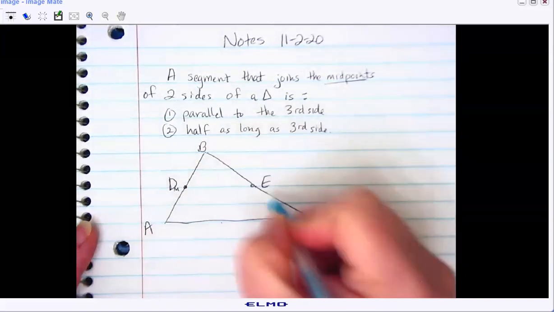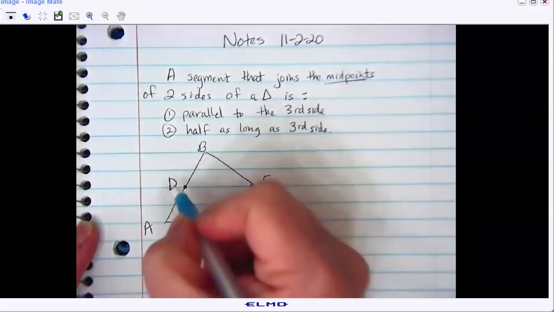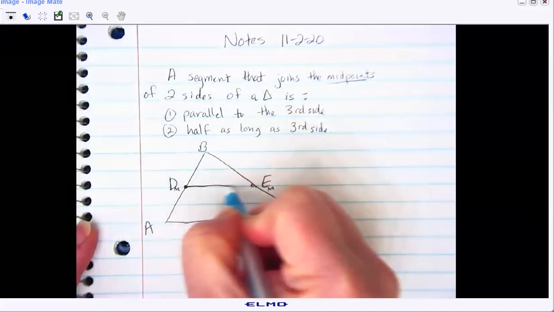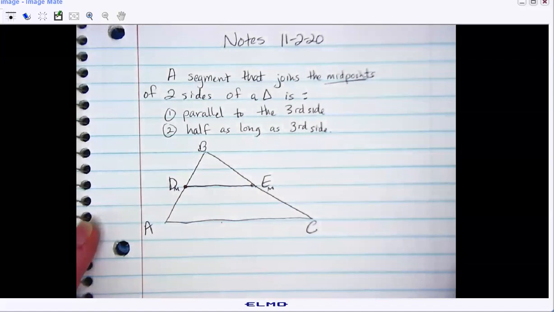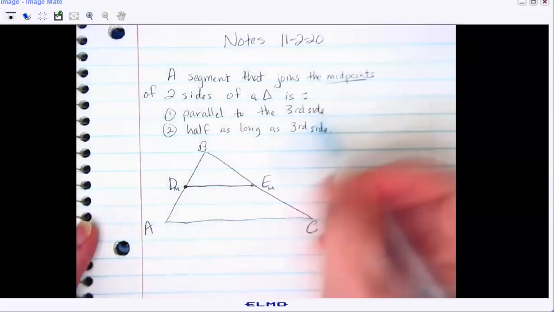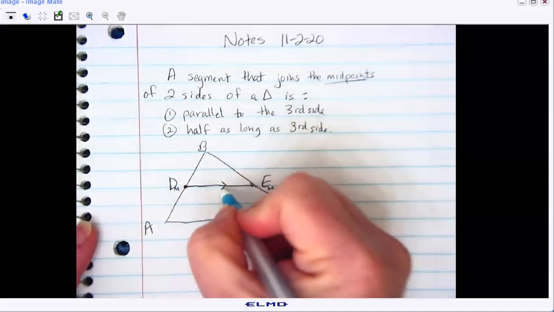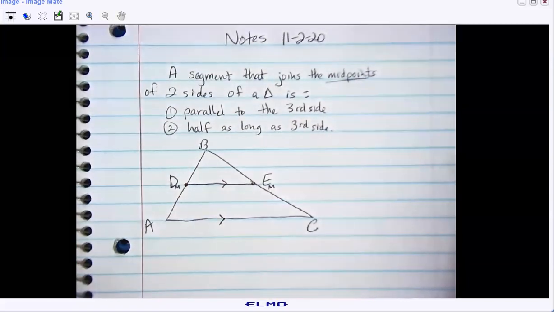I'm going to put a little M there so you know that I said that that was the midpoint. And we're going to connect them. Well, this says that this line is parallel to the bottom or the third side.